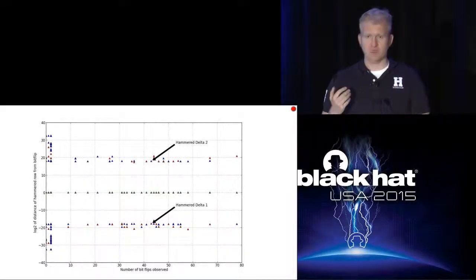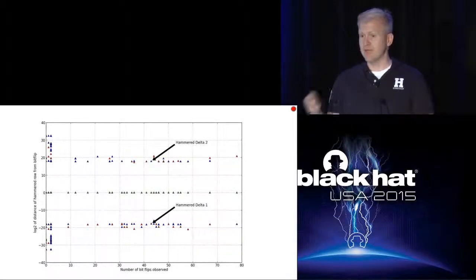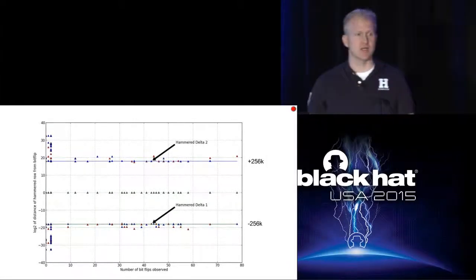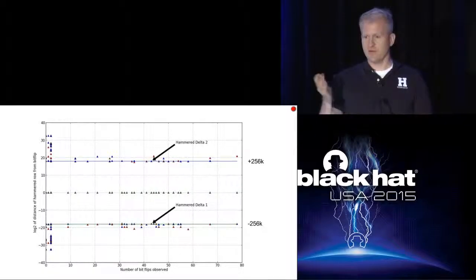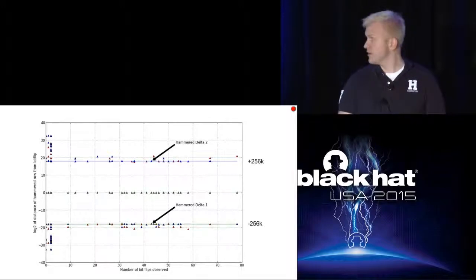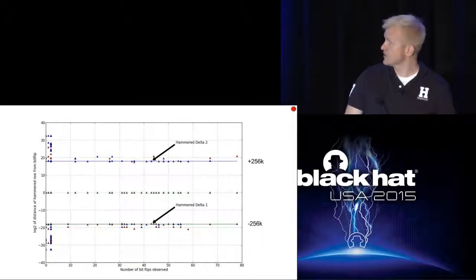What we saw very quickly is that any time we got many bit flips, 20 plus and so forth, we had a fixed distance from the target area where the bit flips were occurring of roughly 256K above and below. Meaning that if you picked your addresses correctly, then all of a sudden on laptops of the same model, you would be much better at hammering. We thought about what's going on here, and then we understood what was happening. And what was happening is the following.